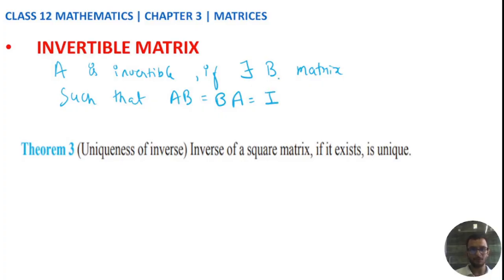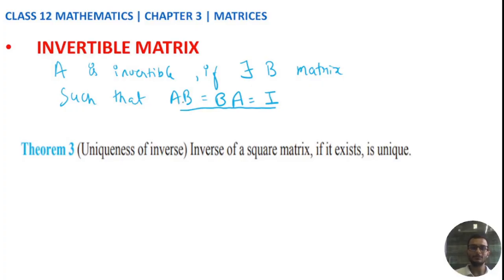If you are able to find some matrix B such that this property holds, we did this in addition: we can always find the inverse of any matrix A in the perspective of addition, that minus A will be that element. If you add it from right or left, you will get the identity element. That identity element was the zero matrix. Here our identity element is the identity matrix.